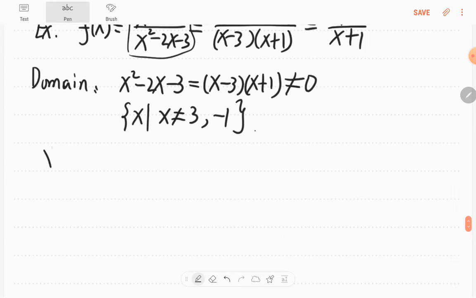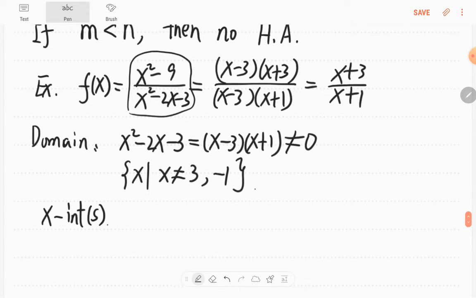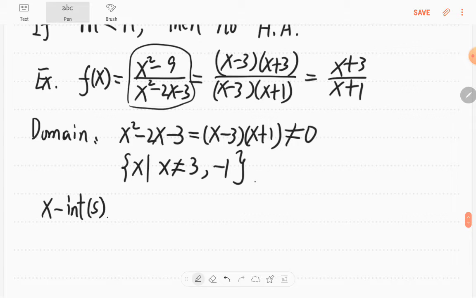X-intercept. So we just set y to be 0. When we look at the x-intercept, we need to look at the simplified one. So we set y equals 0, in other words, we set f of x equals 0.